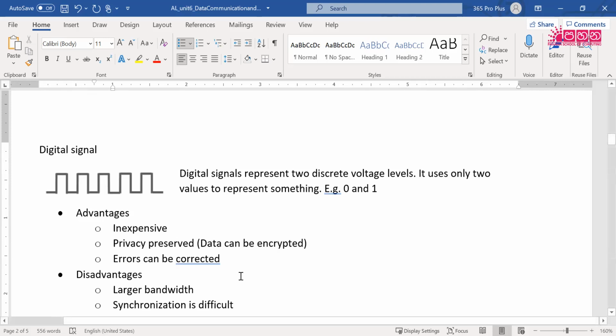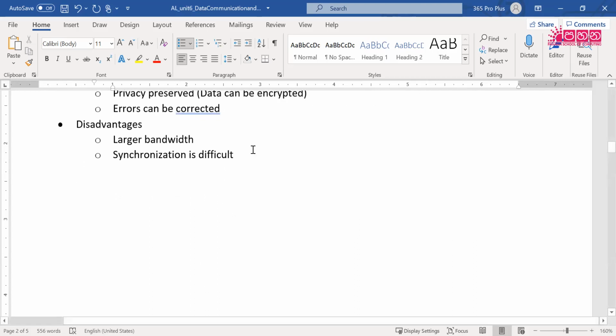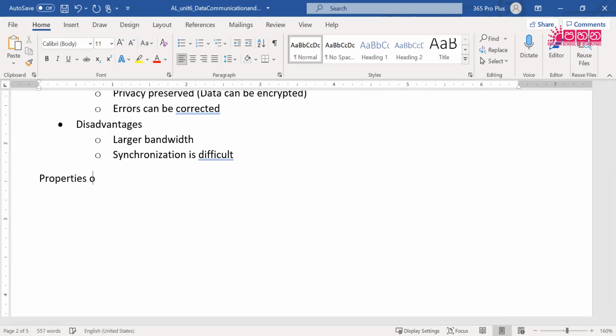Now that we have learned the two types, let's look at properties, right? Properties of signals. Let's write down properties of signals. So when you talk about the properties, there are different qualities of signals we are using.